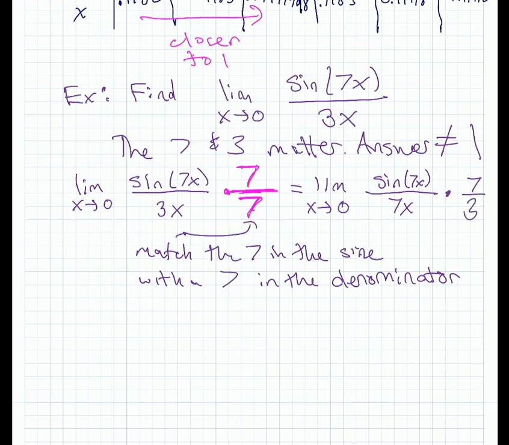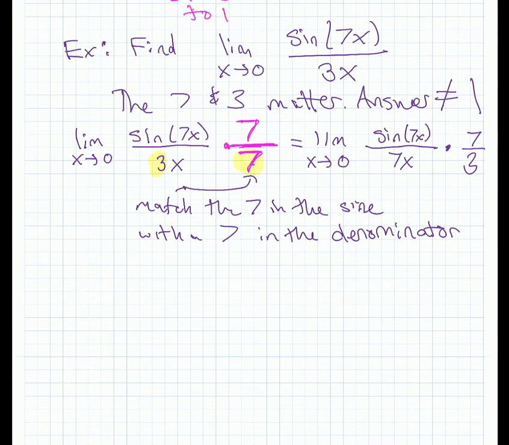All I did was switch these in the denominator, and you can do that because 3, x and 7 are all multiplied, so you can write them in whatever order you want. Now, how does that help me finish this limit?